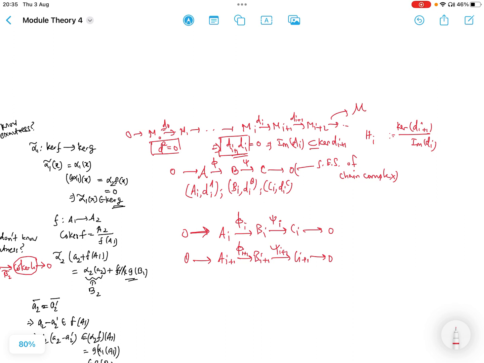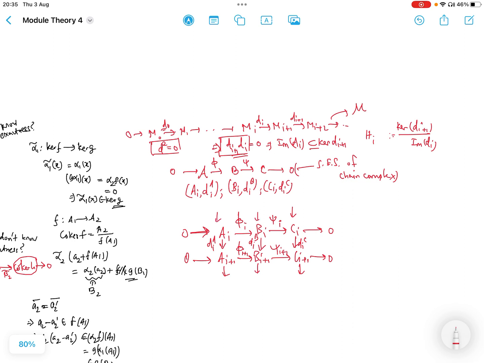Using the Snake Lemma, what we do is suppose that you have these maps. This is d_i^A, this is d_i^B, and this is d_i^C, and again you have this going up and down.